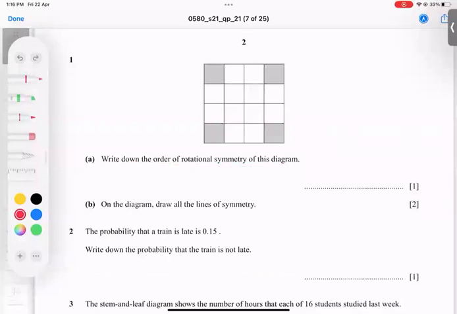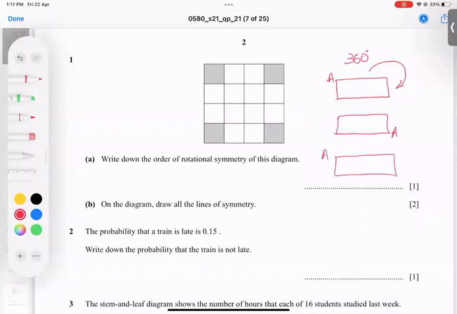What is the definition of rotational symmetry? If you rotate any object 360 degrees, for example, this is a rectangle. This is A. If I rotate, A will come down. Again rotate, A will come again on the top.